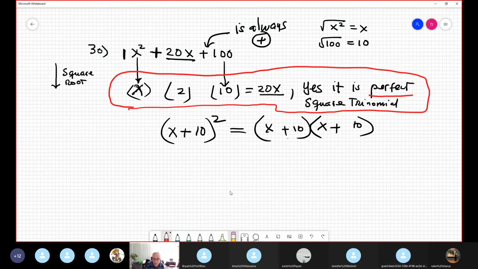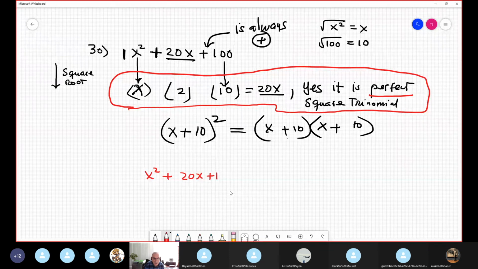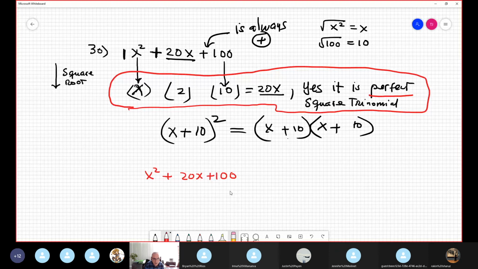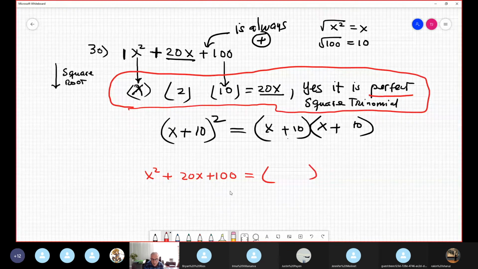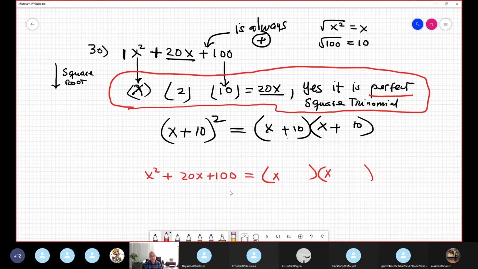Yes, perfect. You are right. Okay, another interpretation of this problem. The problem is that when I read the question talking about perfect square, that is the reason I try to solve it that way. But okay, look at that. Suppose I don't care about anything. I realize, wow, this is a regular trinomial, right? Easy, because the coefficient here is 1. So, no, I don't care about perfect square. I open two parentheses directly, I put a variable x, and I try to find the combination. Two numbers that multiply to give me 100, and the addition or subtraction is 20.